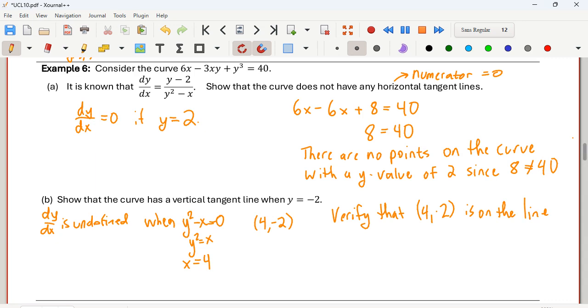So now we have 6 times x, so 6 times 4. I'll do both steps for you here. 3xy, so that's going to be 3 times 4 times -2, plus y cubed, that's -2 cubed. And that should equal 40. So we end up with 24 plus another 24 minus 8.